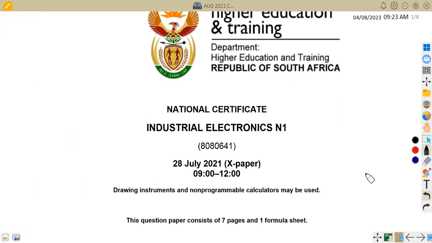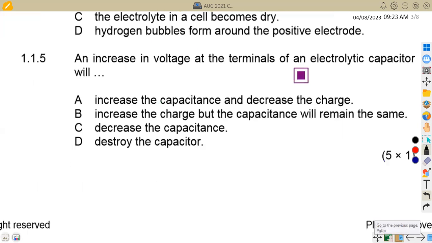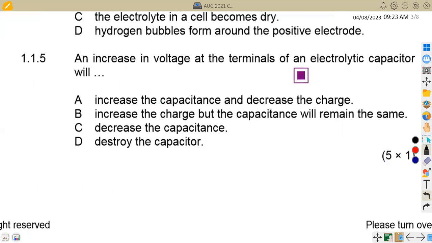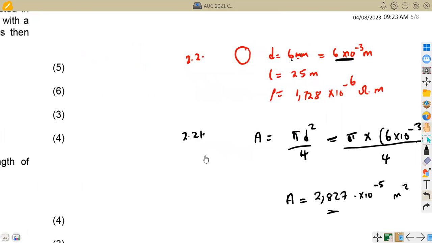So you can just use your pi as it is from your calculator. But if you are to use the value of pi to be 3.142, then your answer is going to be something like 2.828 times 10 to the power -5. Like I said, it depends on the values that you are using. All right, so that was the cross-sectional area.